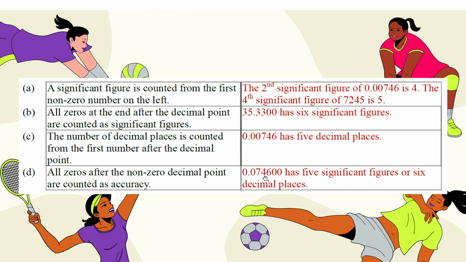So for significant figures, we start from 7: 1, 2, 3, 4, 5, so 5 significant figures. But for decimal places, we count every digit after the decimal point: 1, 2, 3, 4, 5, 6, so 6 decimal places. You need to be sure about this, especially when you apply it in your physics, chemistry, or biology IA or EE.